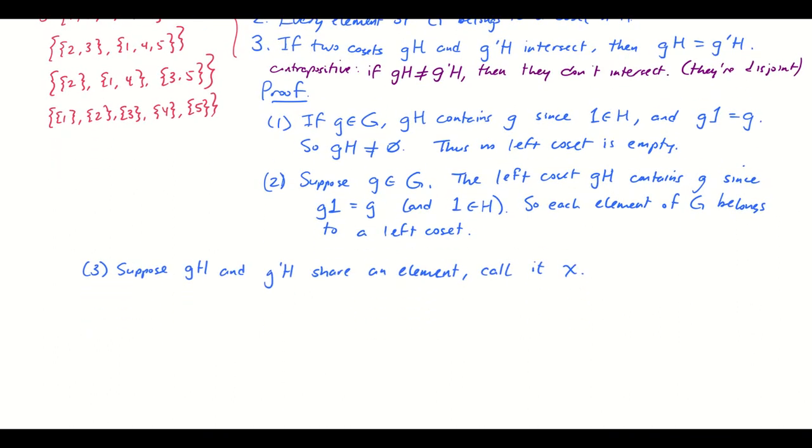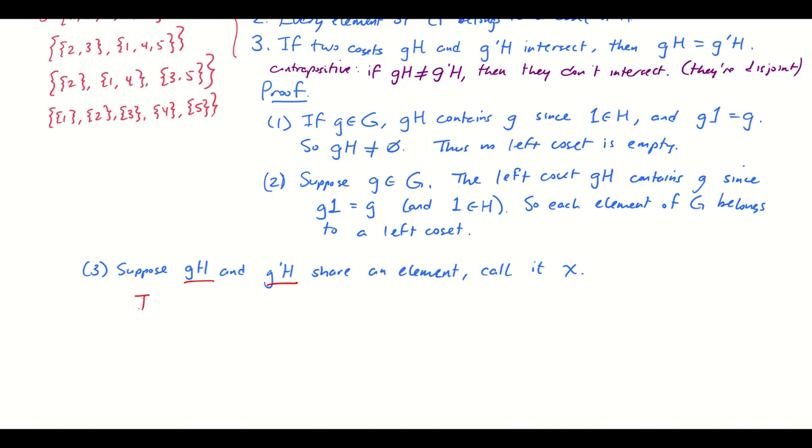I'm going to try and show that if these two left cosets share X, they have to be exactly the same. Now, the way I'm going to do this is a little bit roundabout. Rather than trying to show directly that these are exactly the same set, which I could do if I wanted to, I'm instead going to take a slightly more efficient route conceptually.